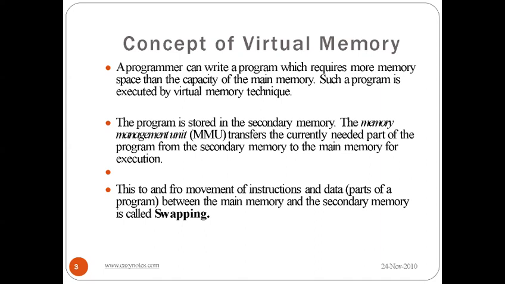The memory management unit (MMU) transfers the currently needed part of the program from the secondary memory to the main memory for execution. This to and fro movement of instruction and data parts of a program between the main memory and the secondary memory is called swapping.